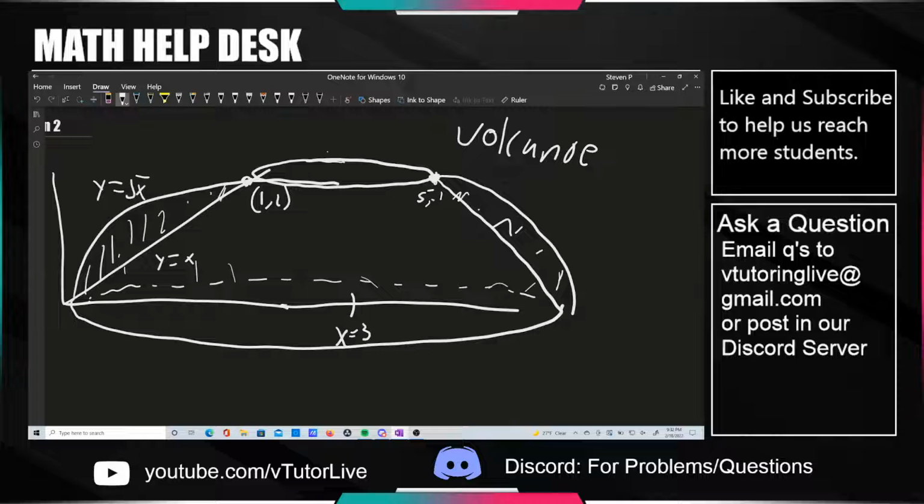And it's a little bit harder to integrate than maybe your average disk integration, because each of these is more of a washer, really. Right? That's essentially the shape here.